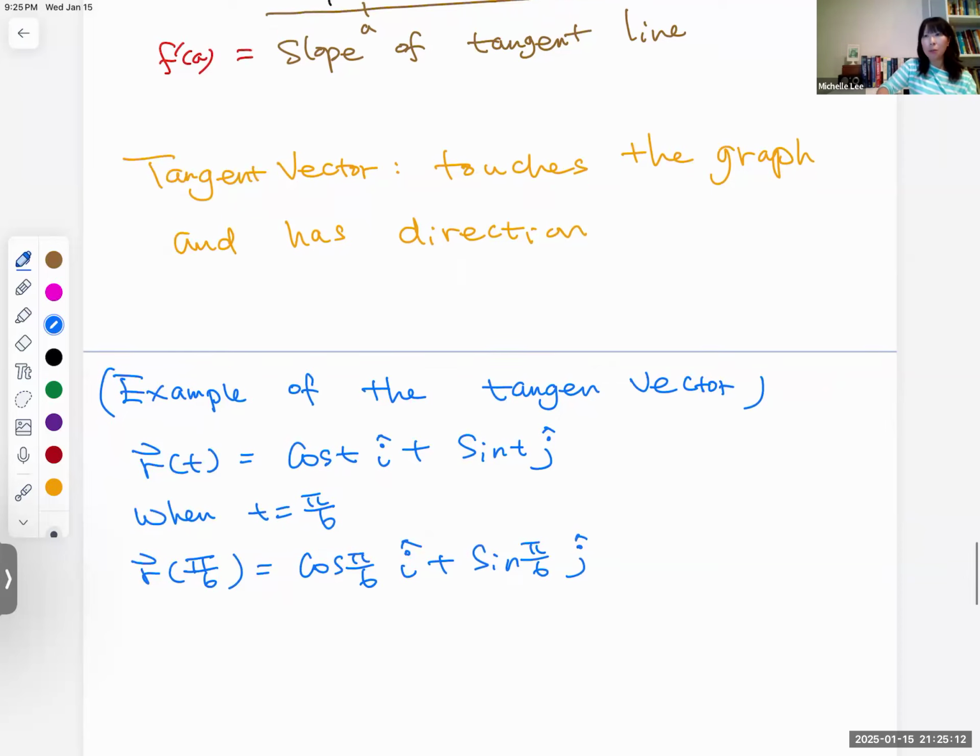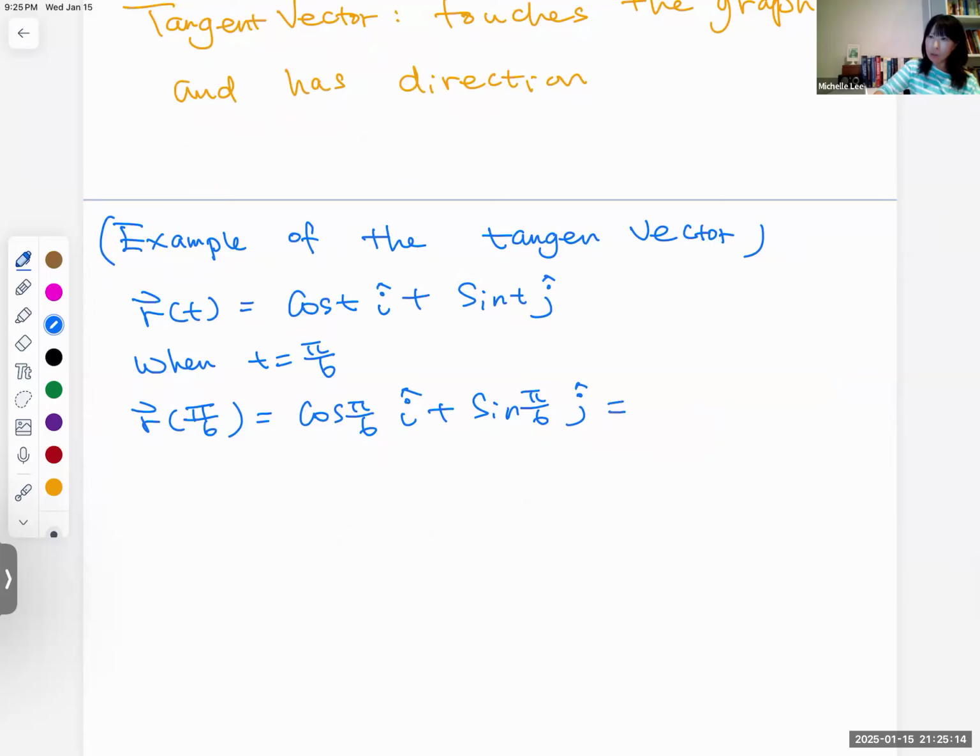So what do you get? Cosine pi over 6 is square root of 3 over 2 i hat plus 1 half j hat, approximately 0.87 i plus 0.5 j.